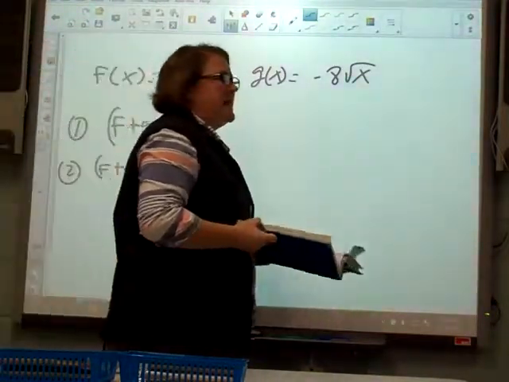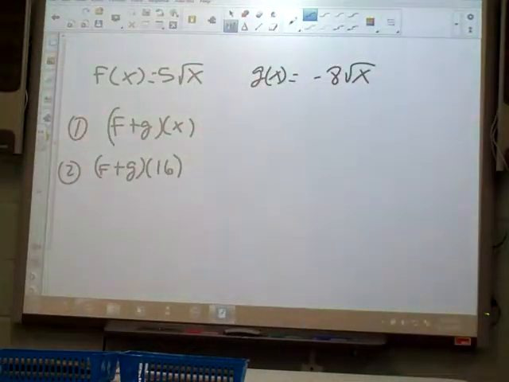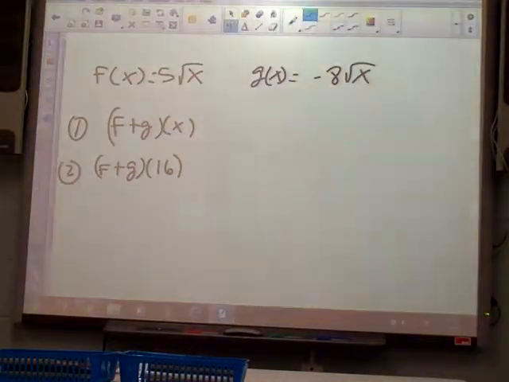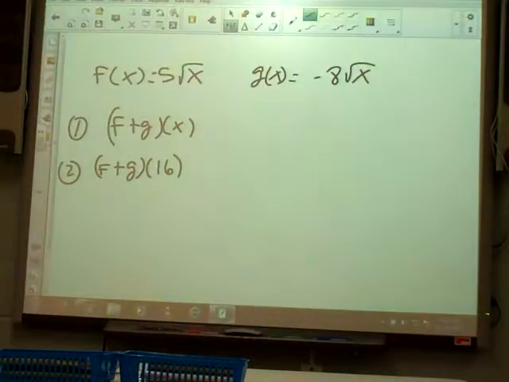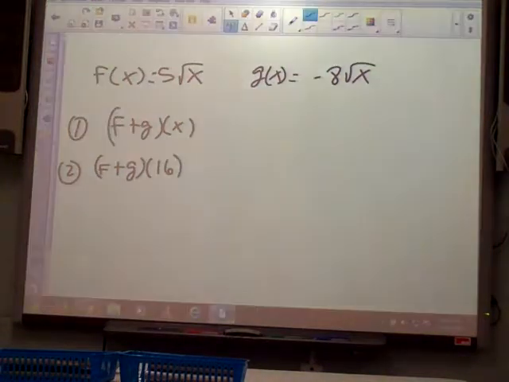Okay, this is just like what we just did together. I want you to try it on your own. You got f of x is 5 square roots of x. G of x is negative 8 square roots of x. I want you to find f plus g of x. Then once you find that, I want you to find f plus g of 16. Okay, try that one on your own. Go.